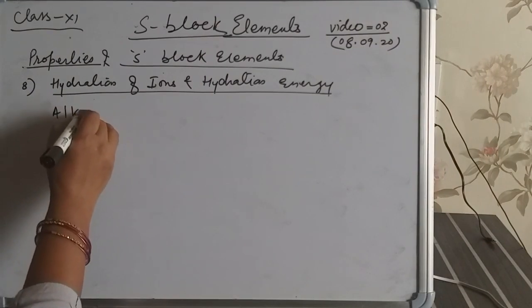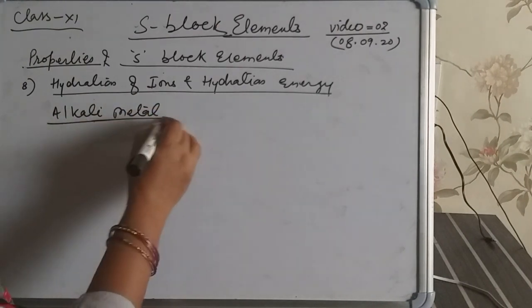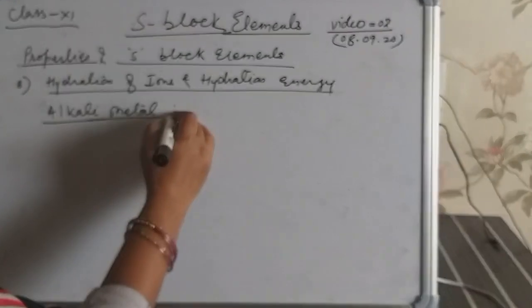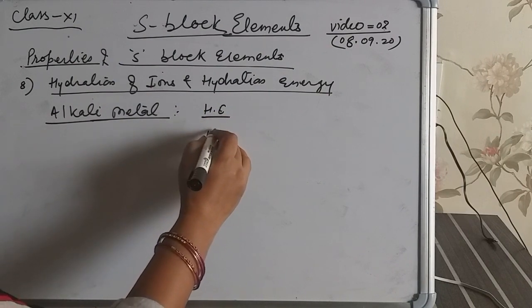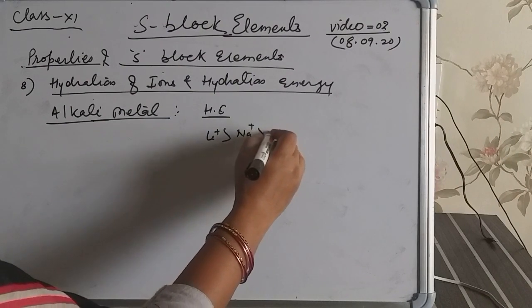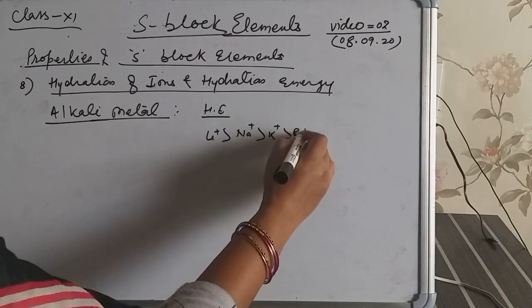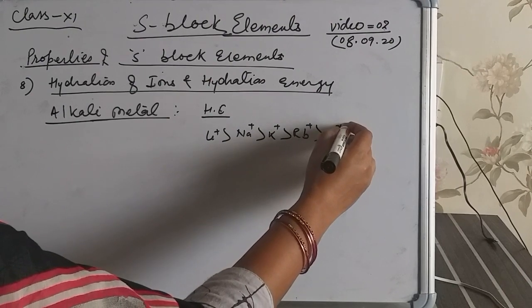Alkali metal hydration energy: the highest is for the lithium ion, then the sodium ion, then the potassium ion, then the rubidium ion, then the cesium ion.